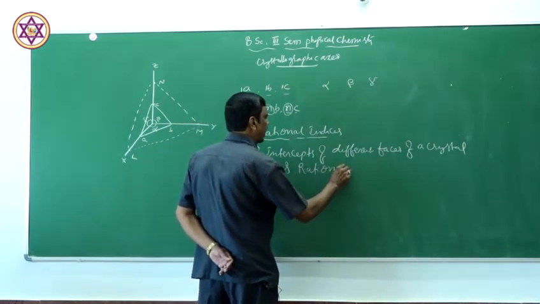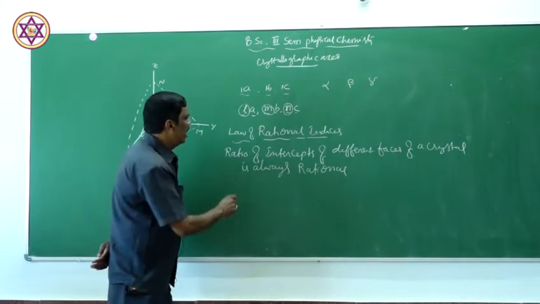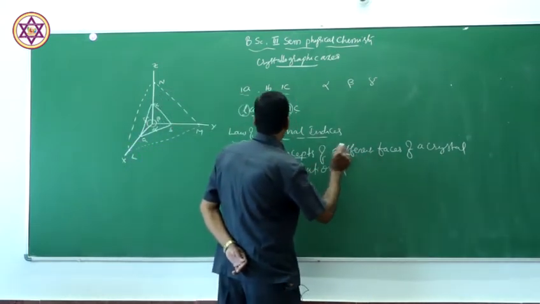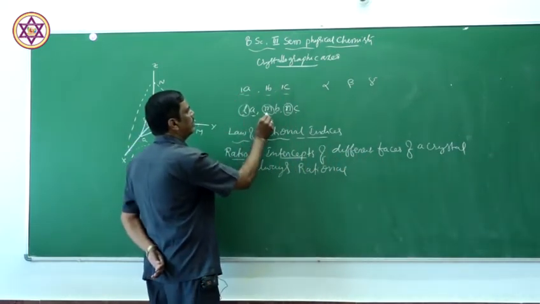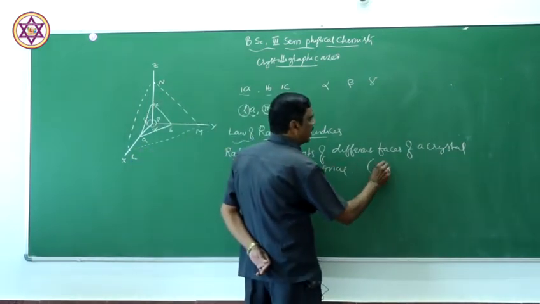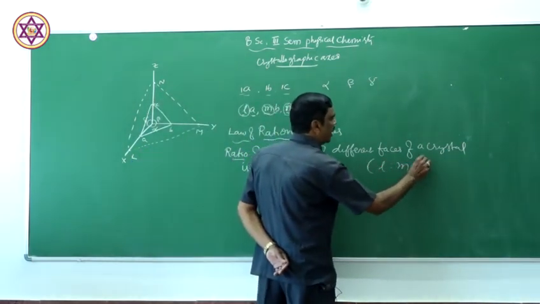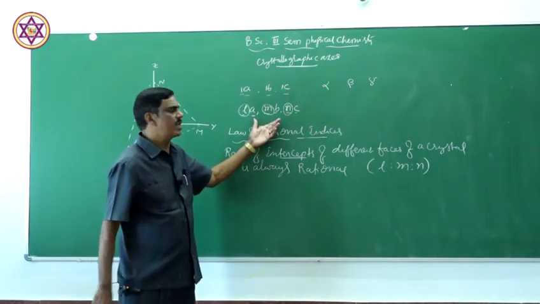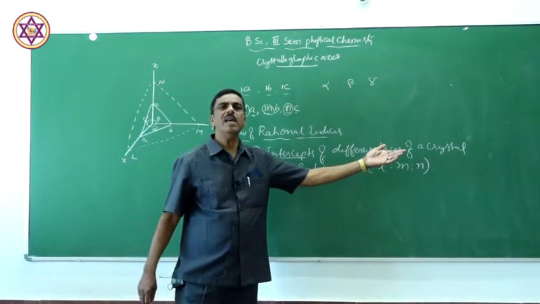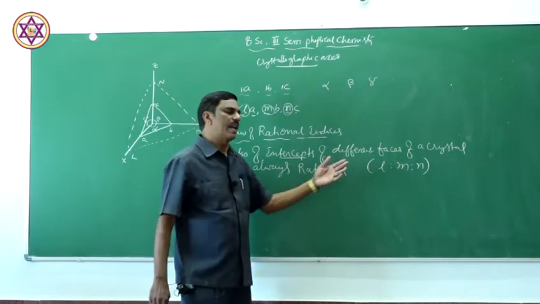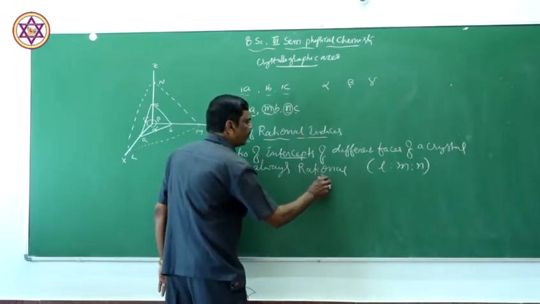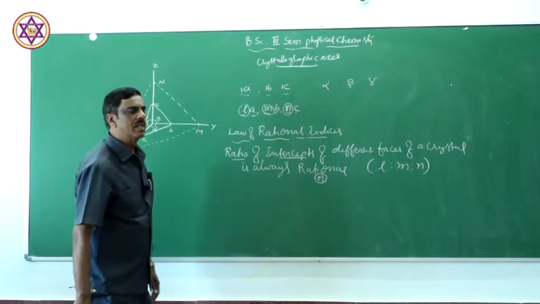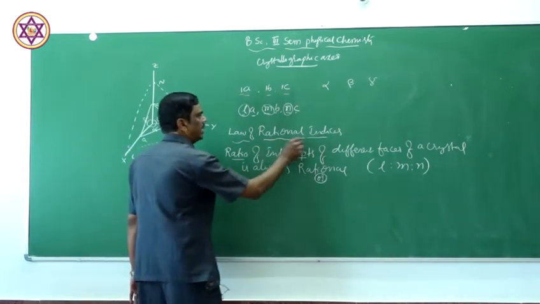So, this is the law. The ratio of the intercepts, L is to M is to N. The ratio of the intercepts of different faces of a crystal is always represented by a rational number. It's always rational. There is one more way of stating this law of rational indices.